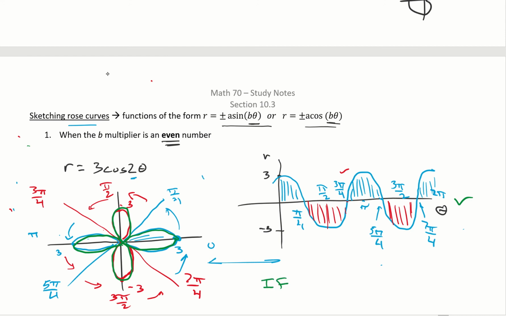If, let's say, B is even, and we're talking about a format like this, where B is the multiplier inside, then there are twice B petals. Talking about 1, 2, 3, and 4 petals all the way around. Okay, that's good to know. That's a good thing to see or know when you're graphing these guys.